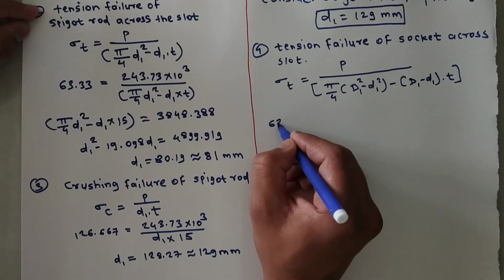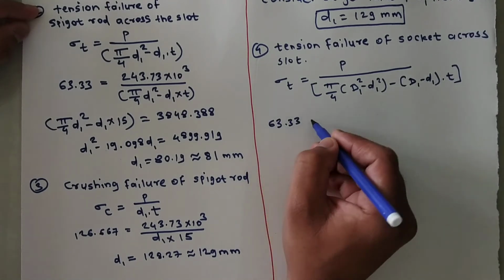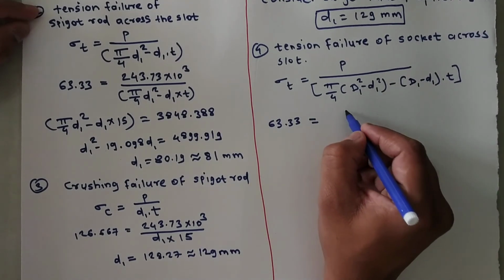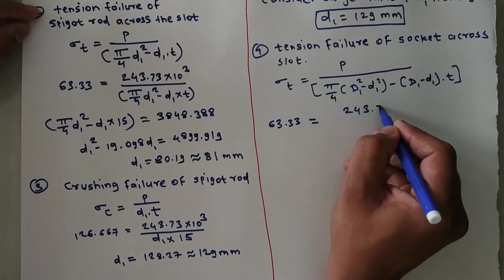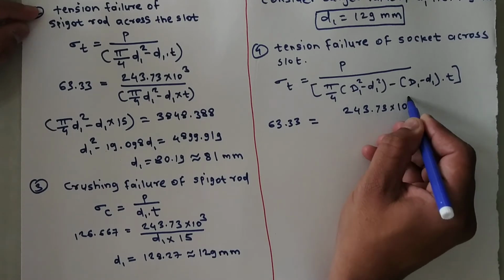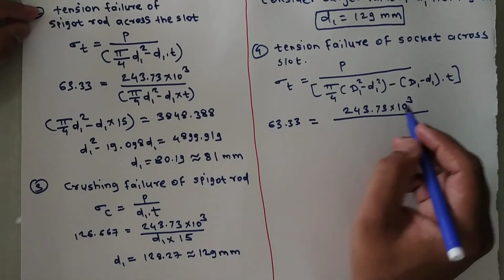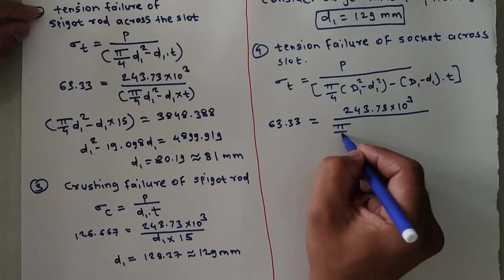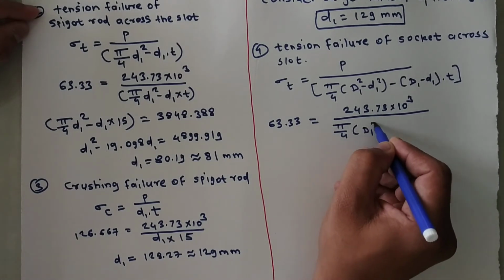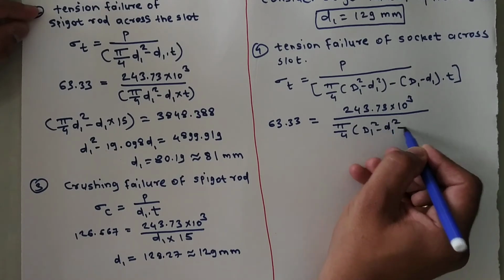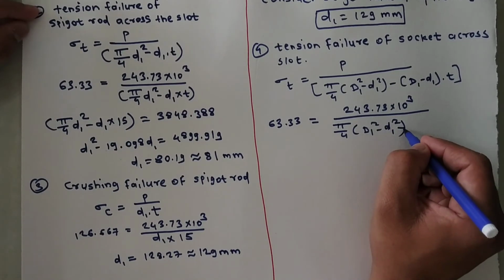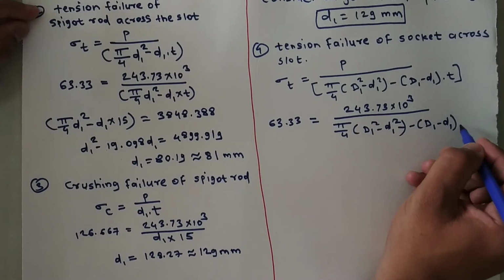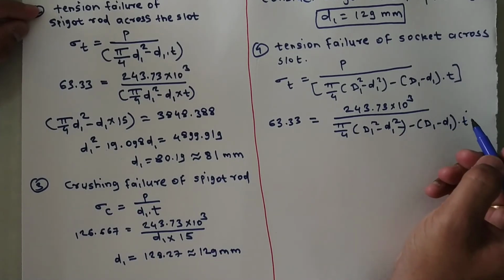So we know 63.33 equal to 243.73 into 10 raised to 3 divided by pi by 4 D1 square minus d1 square minus D1 minus d1 into t.